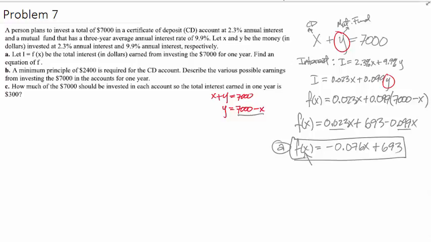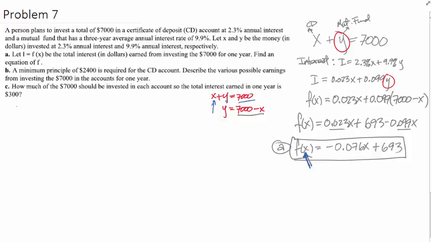All right, let's take a look at part B. It says a minimum of $2,400 is required for the CD. Describe the various possible earnings from investing $7,000 in the accounts for 1 year. So we have $7,000 going into both accounts, and the minimum for the CD is $2,400. Fortunately, we have the total interest described as a function of how much we put into the CD.